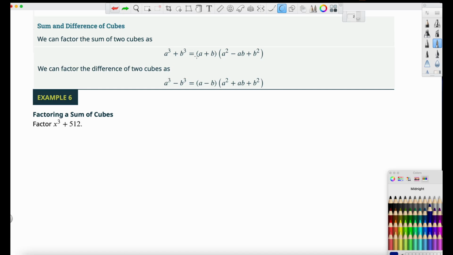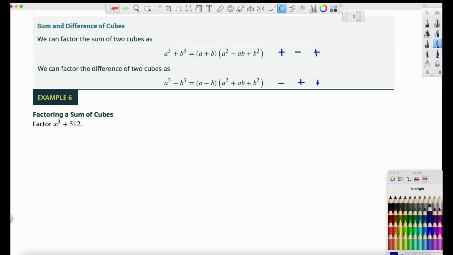The a cubed plus b cubed, if we look at the signs right here, this one's plus, minus, plus. And then the difference of two cubes right here, we end up getting minus, plus, plus. But the forms are all the same. So this is a good way to try to remember it. The sum is going to be plus, minus, plus, and then the difference is minus, plus, plus.